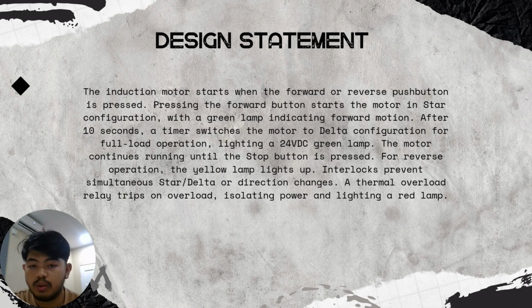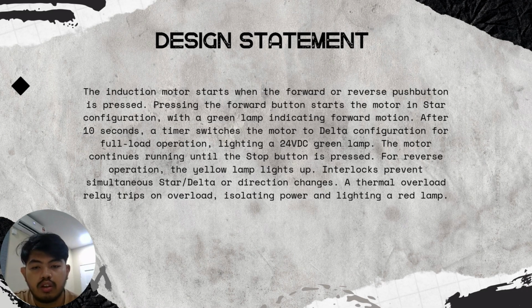So this is the design statement. The induction motor starts when the forward or reverse push button is pressed. Pressing the forward button starts the motor in the star configuration, with the AC green lamp indicating the forward motion. After 10 seconds, the timer switches the motor to delta configuration for full load operation, lighting the 24-volt DC green lamp.